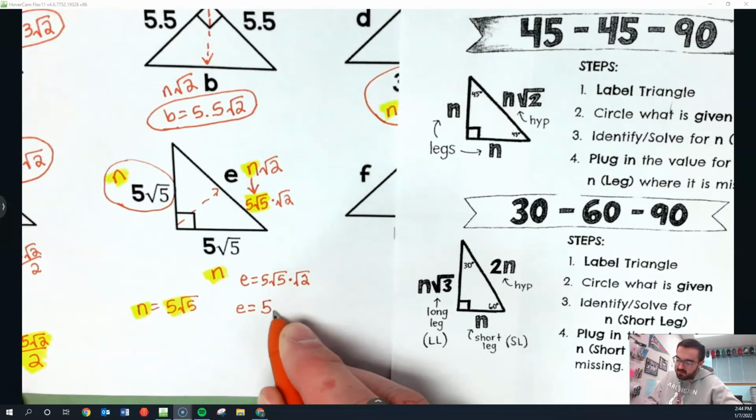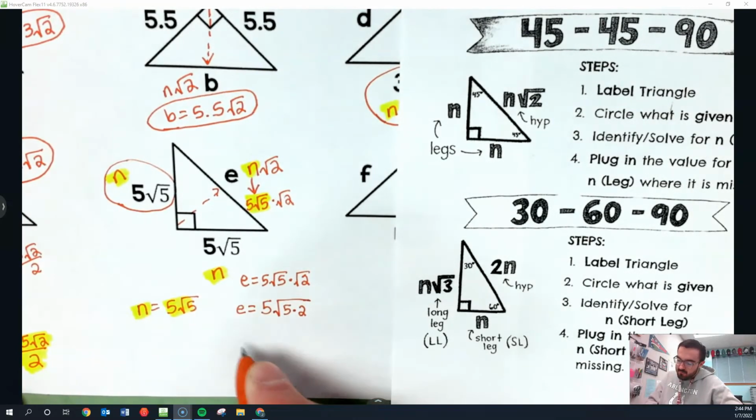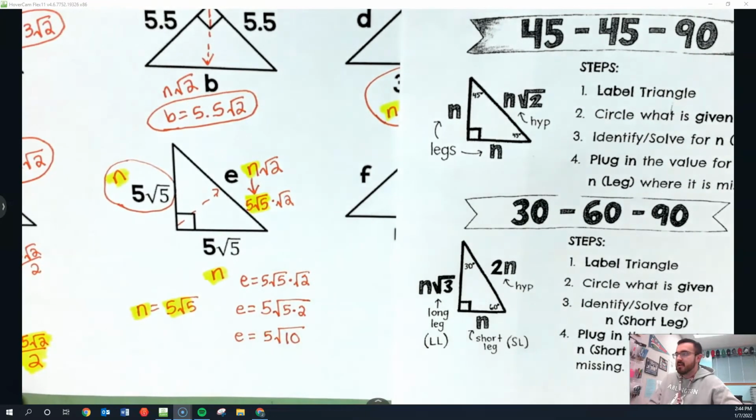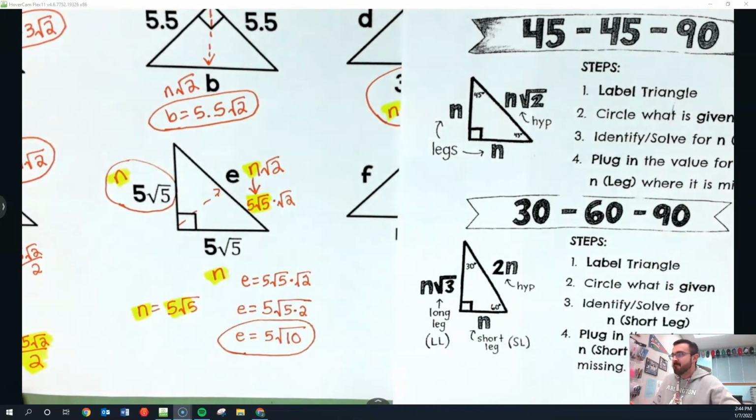So I could write something like this: 5 times 2 inside the radical, which would give us 5 root 10. Okay? And if we tried to reduce that anymore, we couldn't, because we would just get prime numbers. So E is going to be equal to 5 root 10.